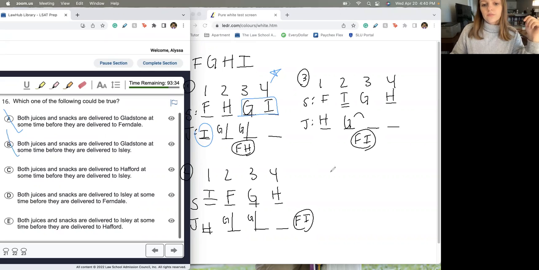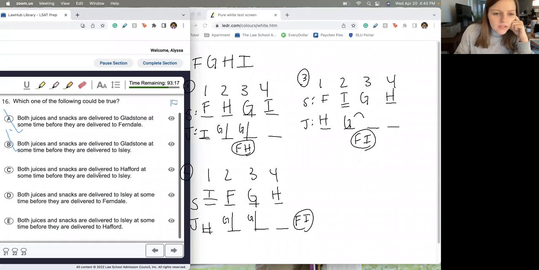So that one is wrong. I should also say in the other two worlds, I is before G. So I can't make it that both of them are going to have this happen. That's wrong.